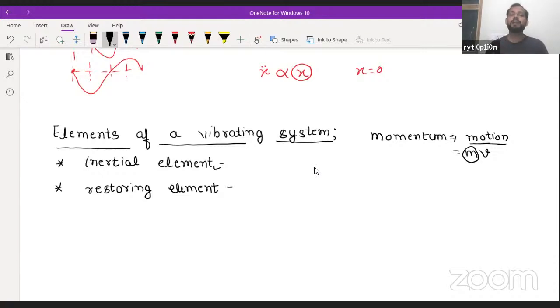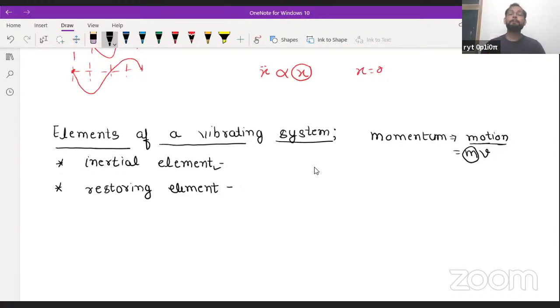Now again listen, what is the restoring element? The element which is trying to bring the system towards its mean position at every instant of time is known as the restoring element. Otherwise, when you displace the system, it achieves a different position.